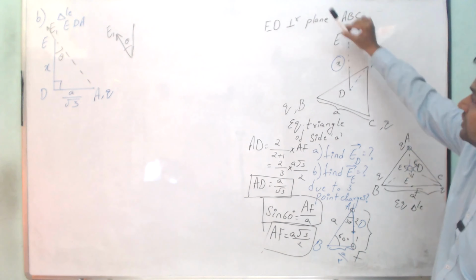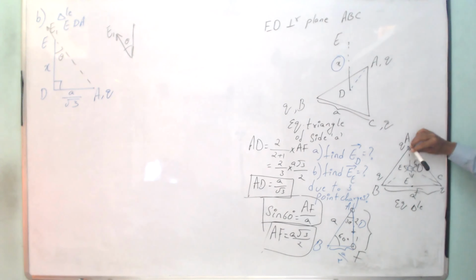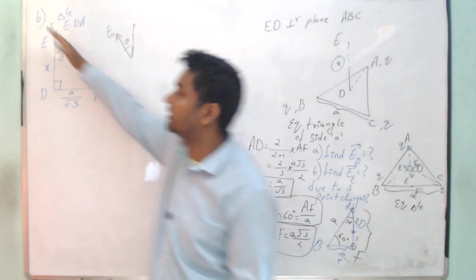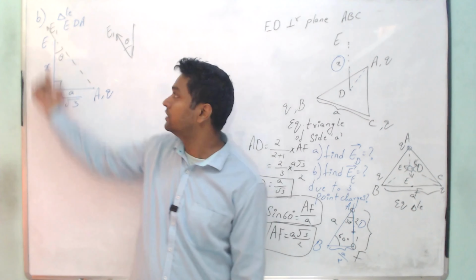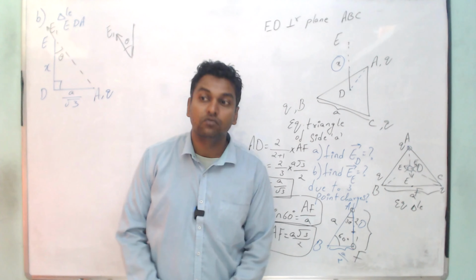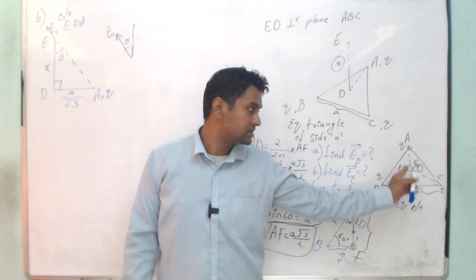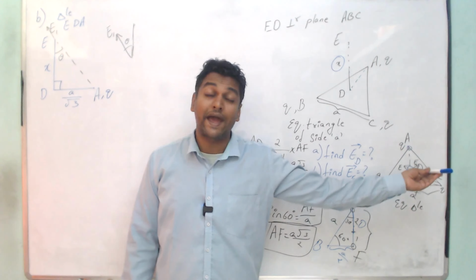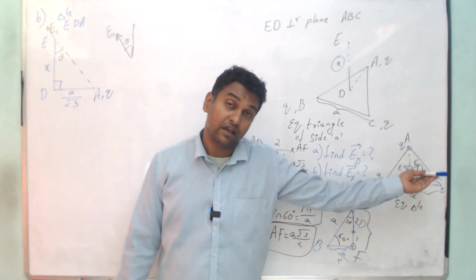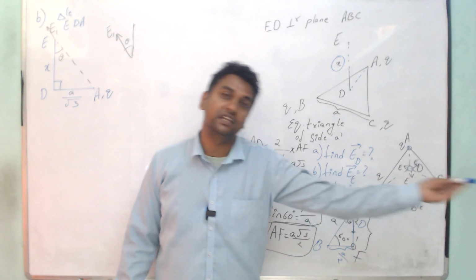From A to E जो आ रहा है ना, 3 dimension वाला, ठीक है? The angle made by A to E with vertical. What is vertical? D to E. What is D to E? D is center and E is out of the board. Yeah. So the angle made by E1 along this line with this line is theta.